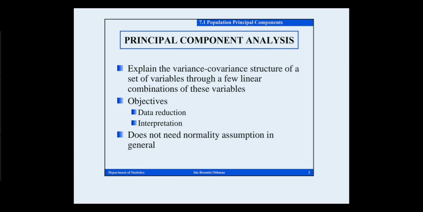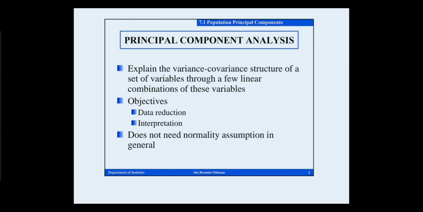Okay, the objective of the principal component has two parts, which is data reduction and also interpretation. We use the principal component to reduce or to summarize a large set of variables. We have a large set of variables.